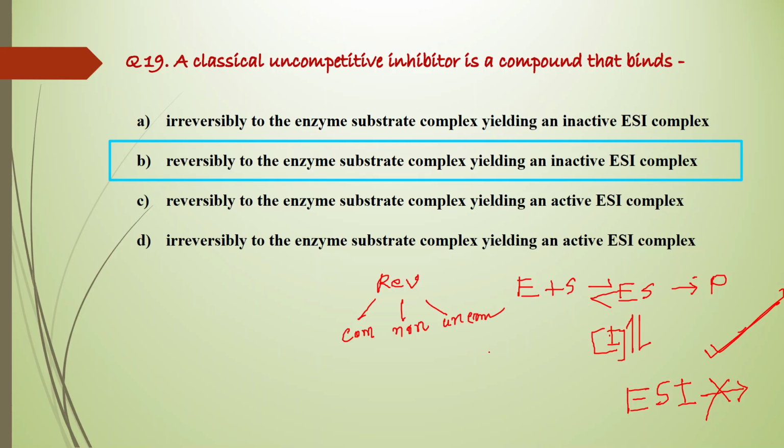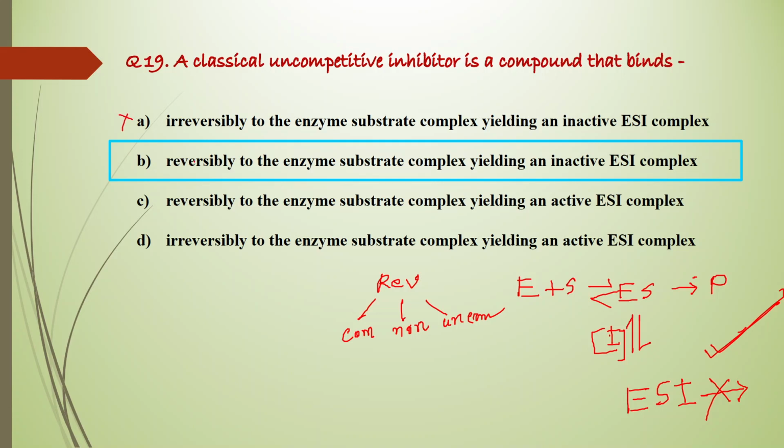So obviously it will not bind with the ES complex in an irreversible manner. It cannot, because in that case it would have been irreversible inhibition. But from the very beginning, while classifying, I said that this is a type of reversible inhibition. So our first option is wrong.